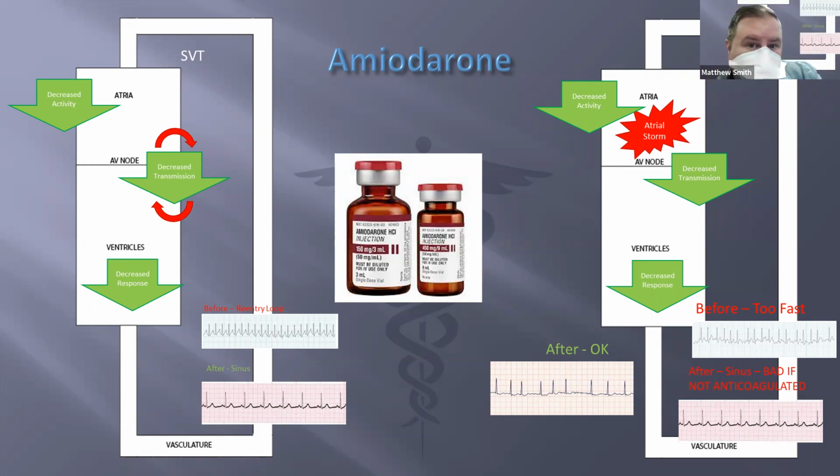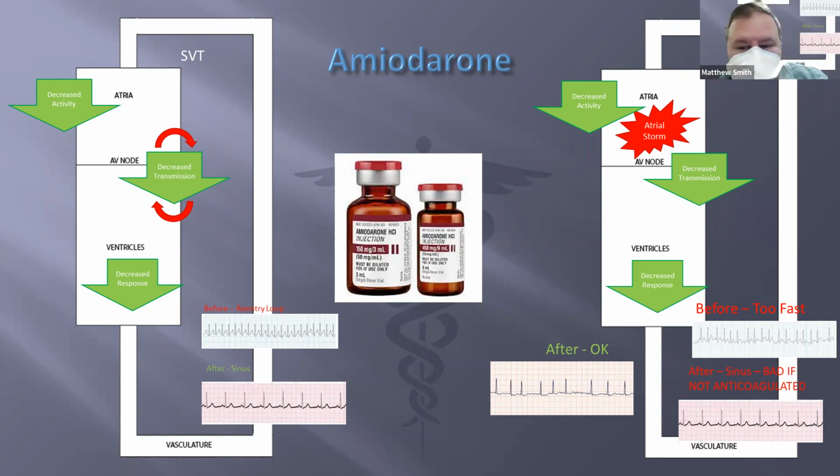If you give them amiodarone, it has that tendency to convert them back into a sinus rhythm. If you convert them into a sinus rhythm before they're properly anticoagulated, you're going to cause a PE or a stroke, because the clots that have formed in those fibrillating atria are going to get ejected into the ventricles and then sent right up into the lungs or the brain, neither of which are places that we want to have a clot.